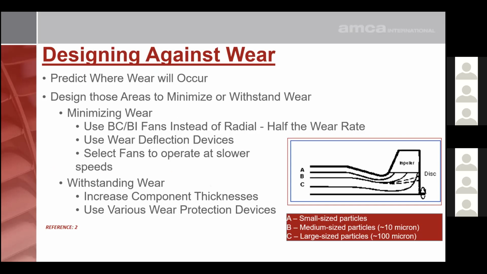I will go into the why a little later in the presentation. We also look to use wear deflectors and try to select fans that operate at slow speeds. With regard to withstanding wear, we look to either increase component thicknesses or use wear protection devices. Typically, we use a combination of both of these techniques.